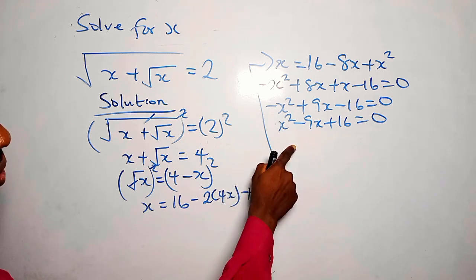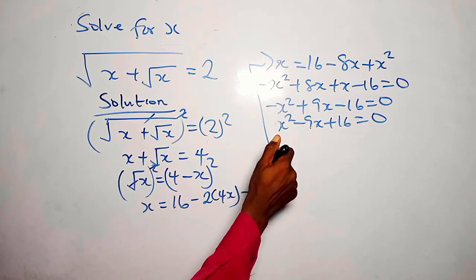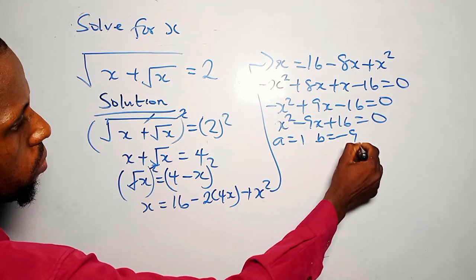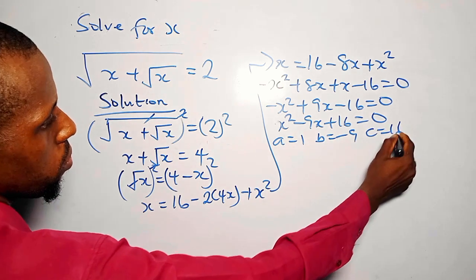Let's use the quadratic formula to resolve this. So a is 1, b is minus 9, and c is 16.